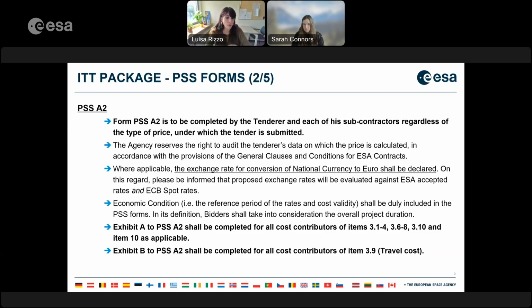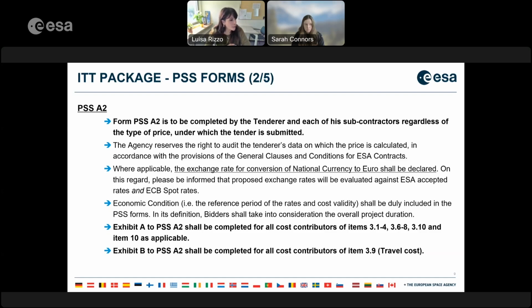With regard to the exchange rates, because this is a never-ending discussion with companies, the proposed exchange rates will be evaluated against ESA accepted rates and the ECB spot rates, so the European Central Bank spot rates.